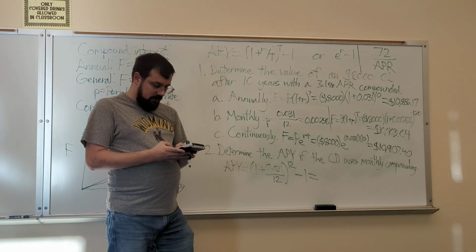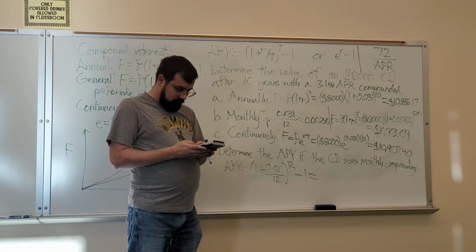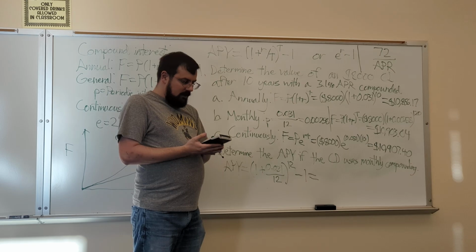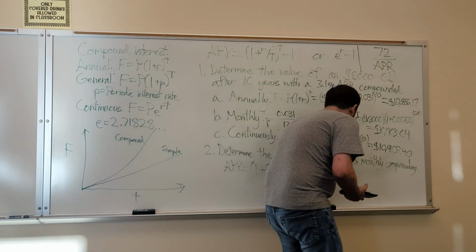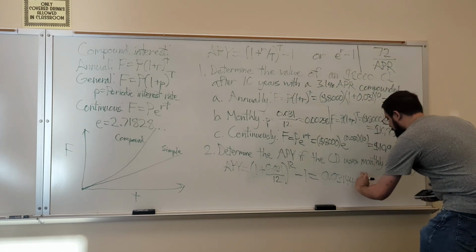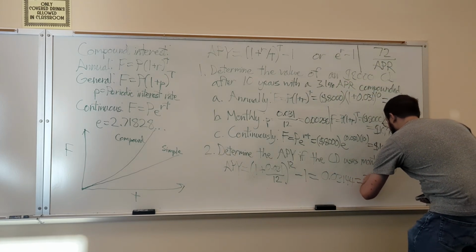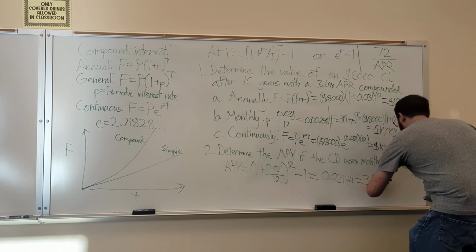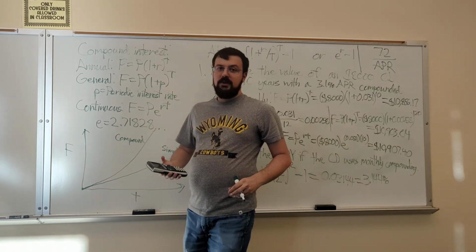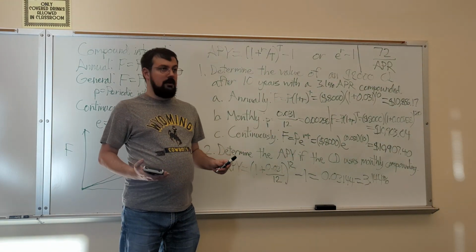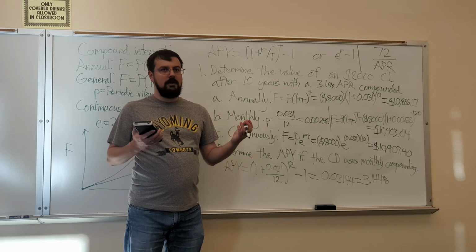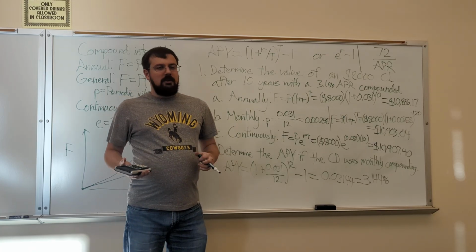So this is going to give us an APY of 0.03144, or 3.14% APY. A lot of times, if you go to open a CD, the APY is what they're going to give you when they're telling you what the interest rates are, or what kind of interest you're going to be earning on that CD.